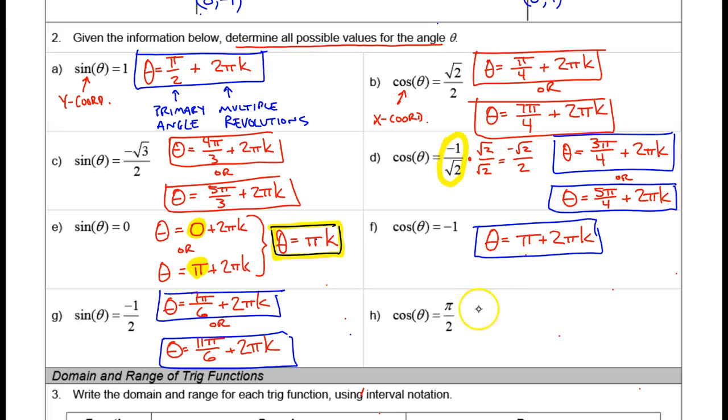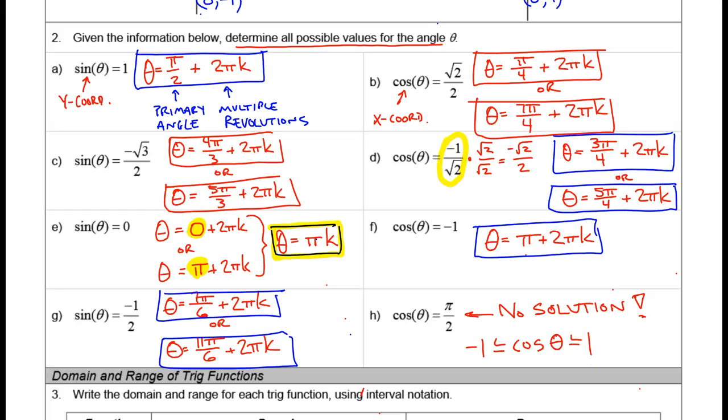The answer to this is there is no solution. There's no solution because the cosine ratio must be greater than or equal to -1, less than or equal to +1, and if you take pi and divide it by 2, you get something greater than 1. So remember, this has to be true.